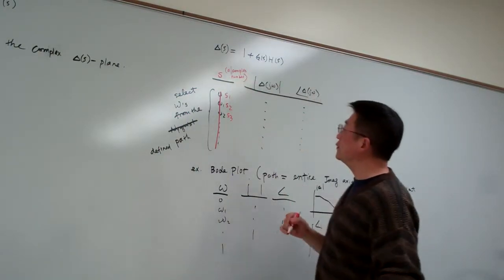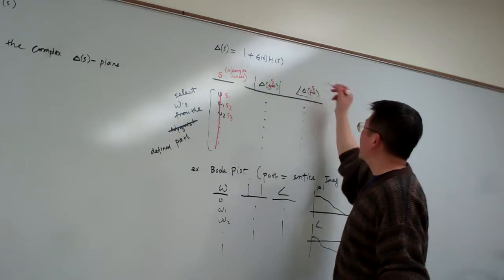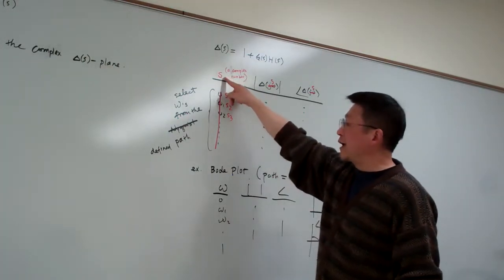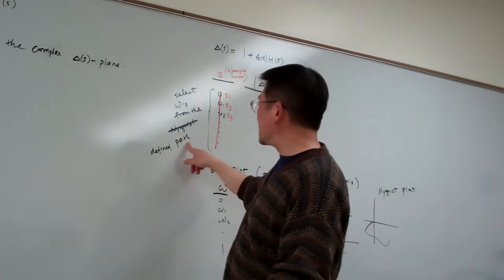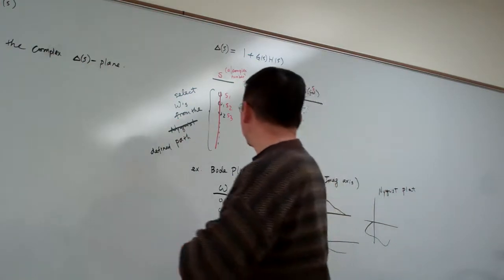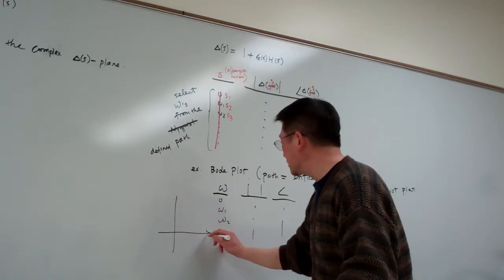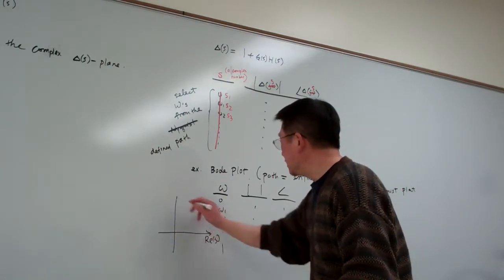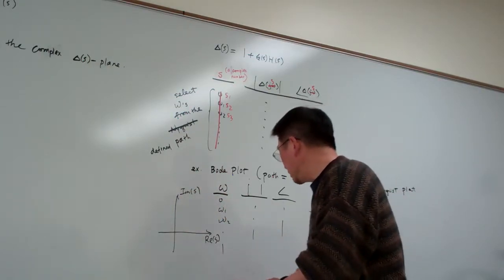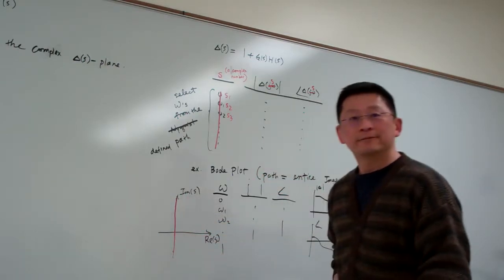To be general, rather than this one, it should be any general complex number S. So when S is on the desired path, compared to the Bode plot, there is a real axis and an imaginary axis. For the Bode plot, the path is defined here.